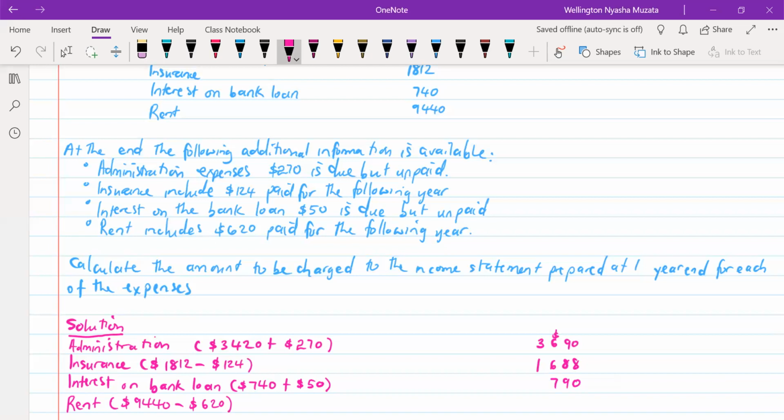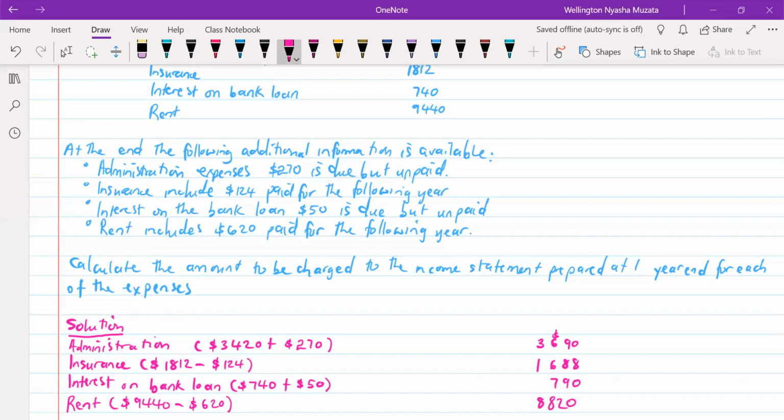And according to the matching accruals concept, we subtract prepayments and we add accruals of expense or income items to the expense or income item in question. So we get 8,820.